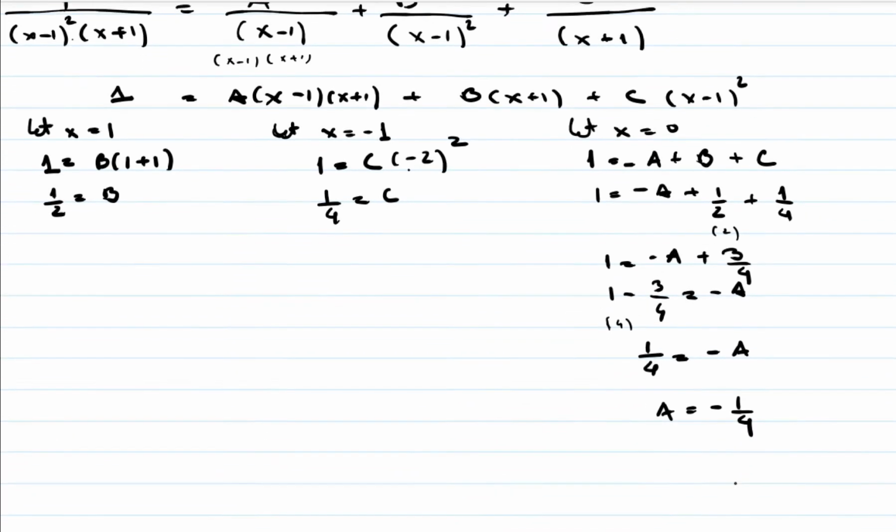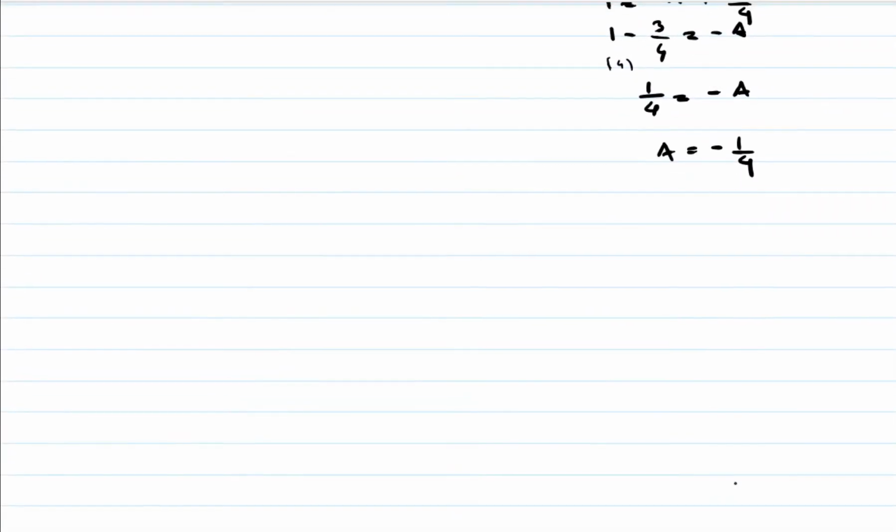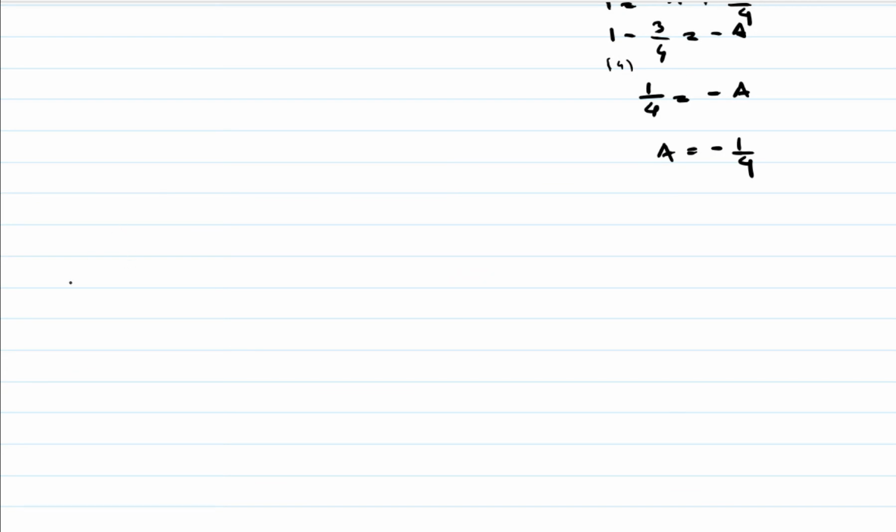Fine, so our expression now becomes this. So it was 1 divided by x minus 1 square into x plus 1. So this now will become, we're now replacing the value of a, for example, it's going to become minus 1 divided by 4.